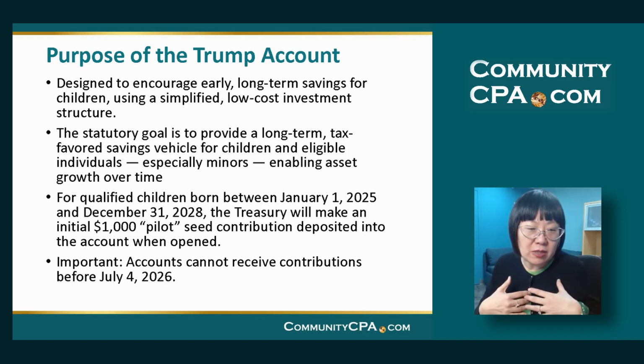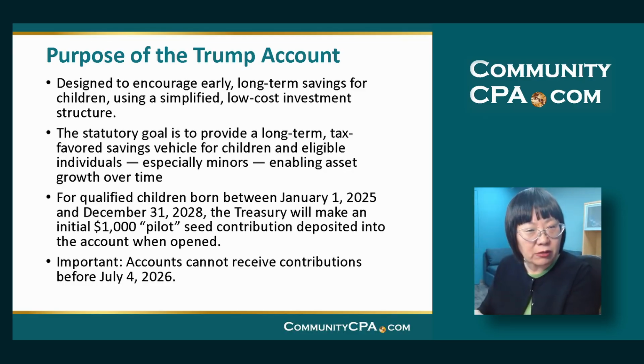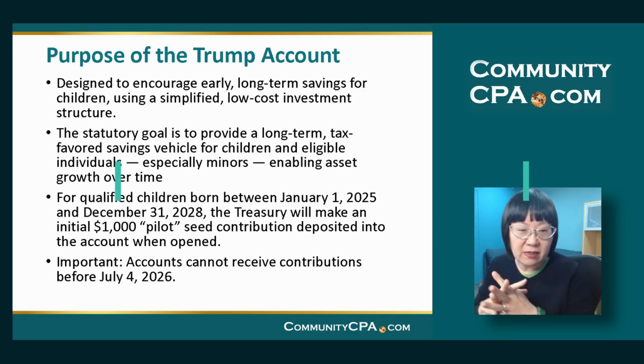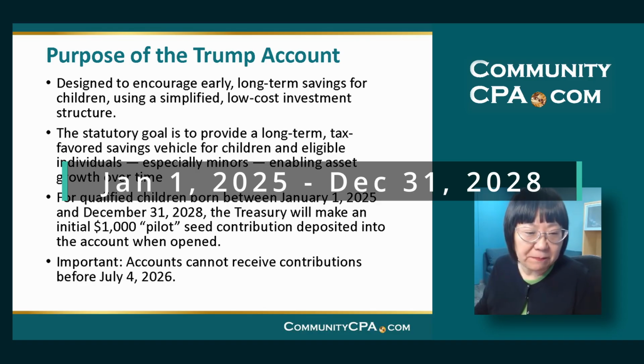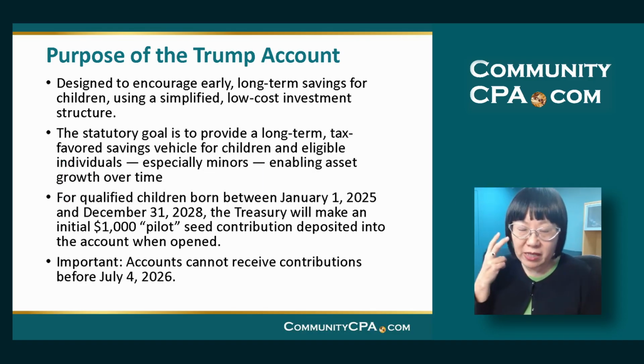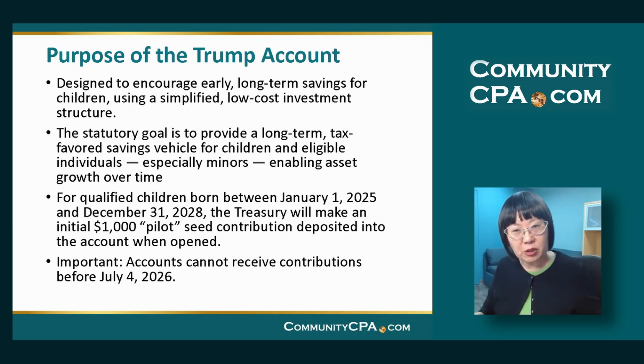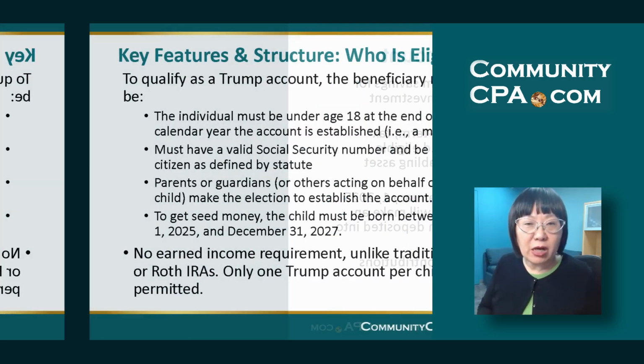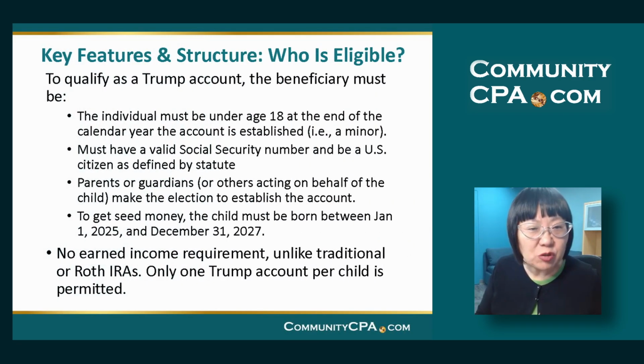So once you open the account, the Treasury will give you that $1,000. Your balance will show as $1,000 if your kid was born during this time. So there are two things. Number one, you can have a Trump account. Number two, if the child happens to be born during the second term of Trump's years, then it gets the $1,000 extra.